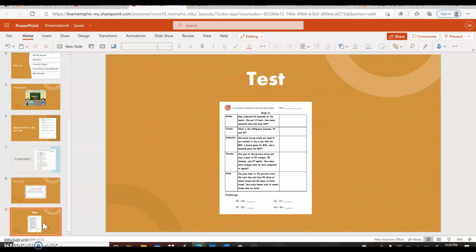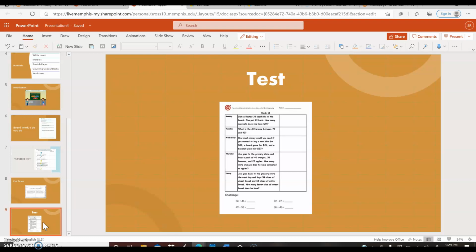So we'll start off with the I do, we do lessons, and after that we will do board work, and then we will get into the bulk of the work of the assignments, actually completing the assignment of subtraction using word problems.